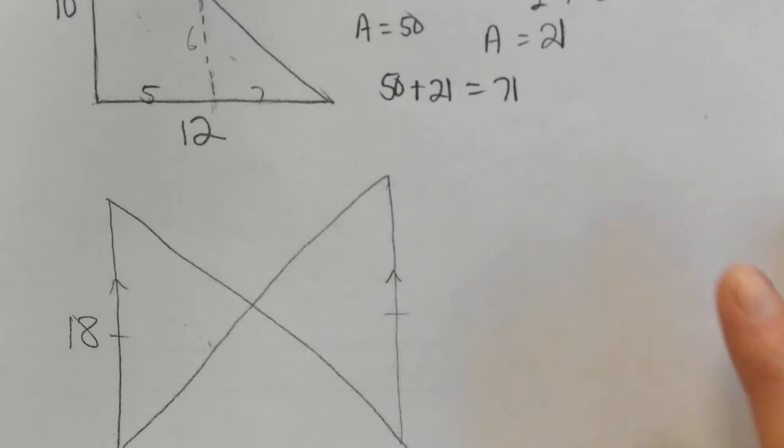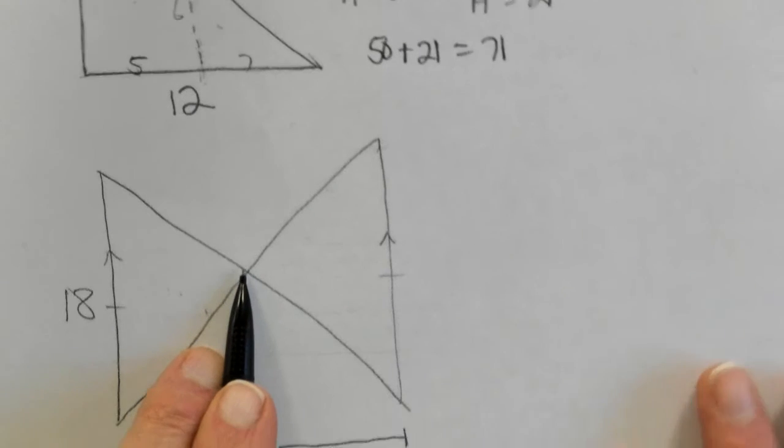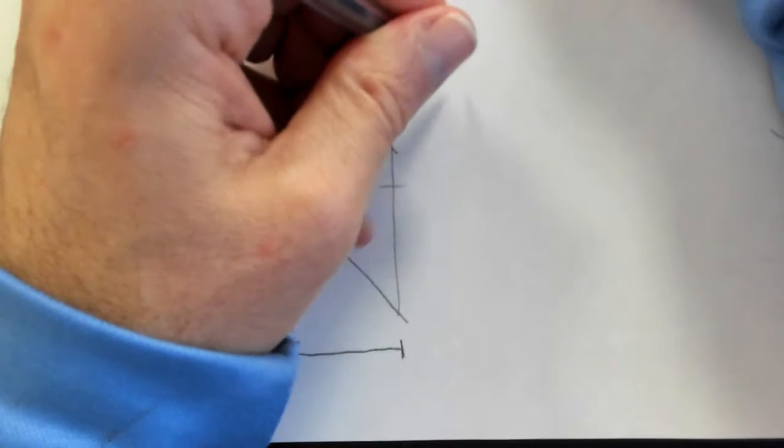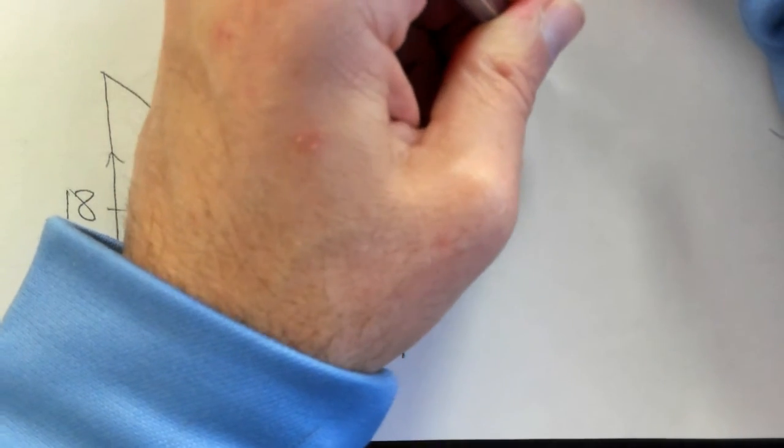Okay, let's go on down to the next one now. We've got really two triangles that are connected together at this particular point. And so what I need to do here is see if I can find the area of one of those triangles. So it'll be 1/2 the base times the height.